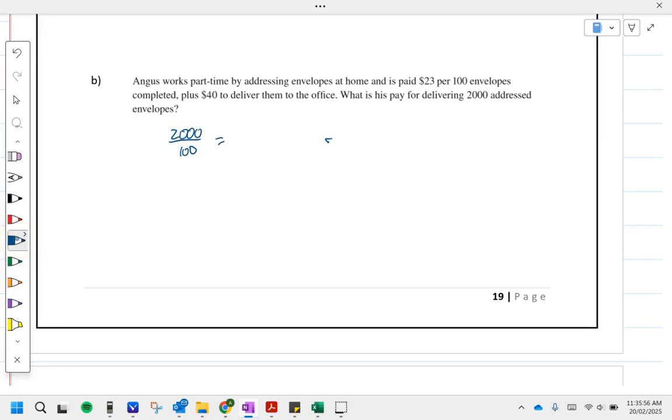And that's going to give us 20. So that means he has addressed 20 lots of 100 envelopes. So he needs to be paid 23 times 20 and then add the $40 for delivery. $500.